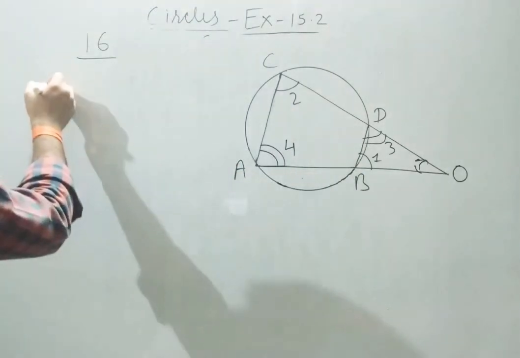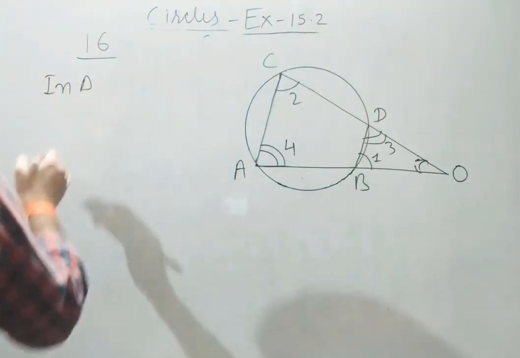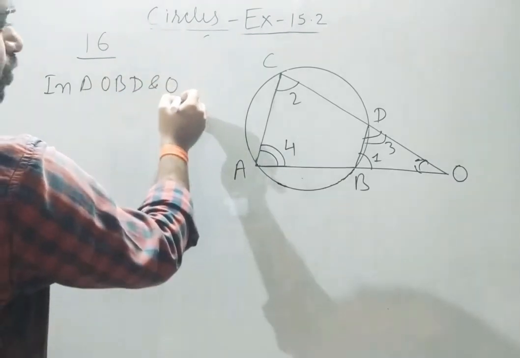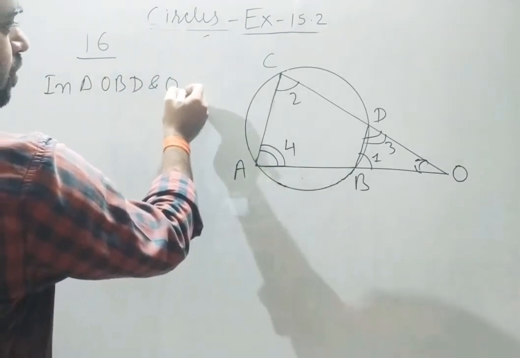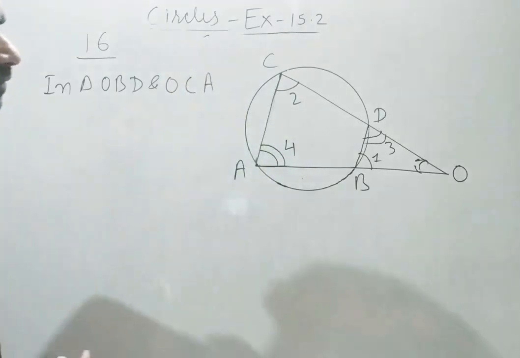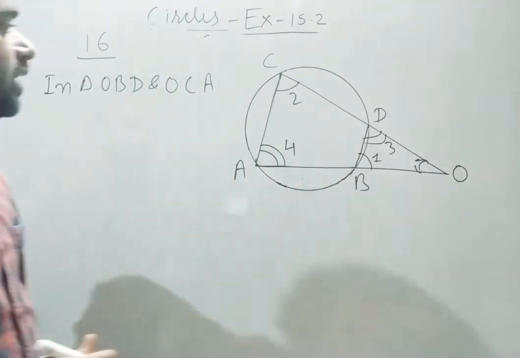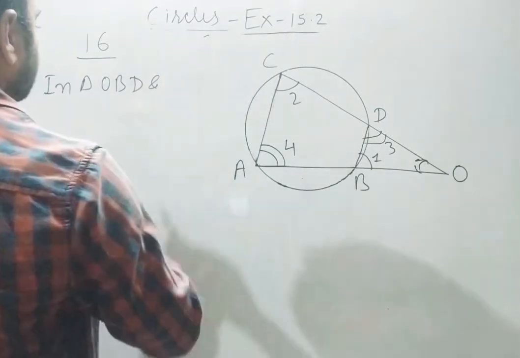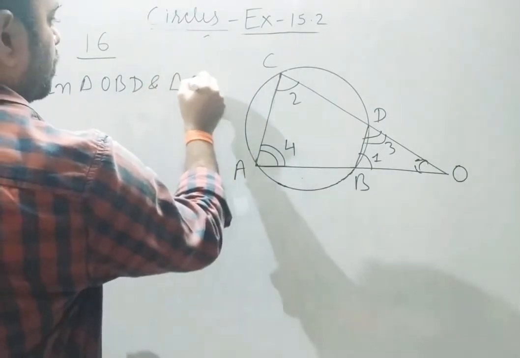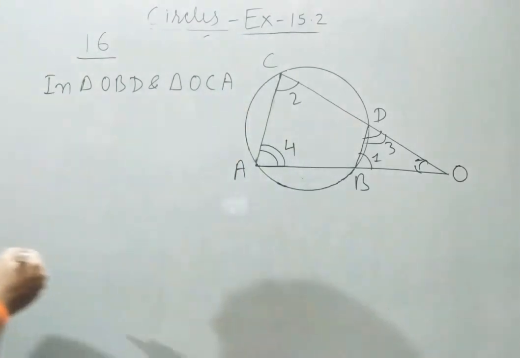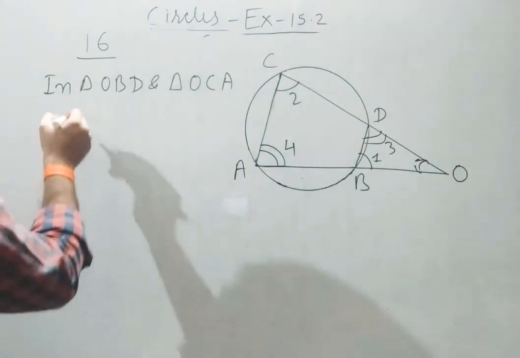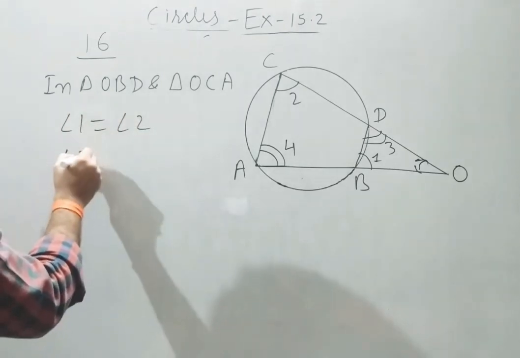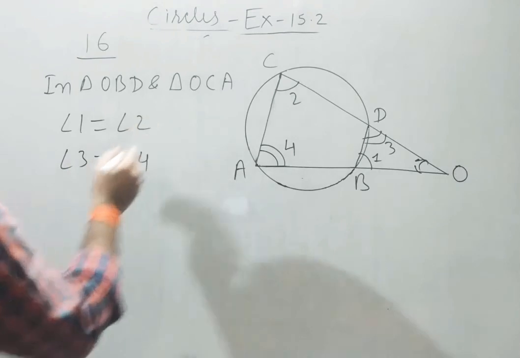Correct? So suppose this is 1, this is 2, this is 3, this is 4. Okay? So in triangle OBD, first you will write in any order, OBD and OCA. Smaller one OBD, bigger one OCA. So in both the triangles OBD and OCA, angle 1 is equal to angle 2, angle 3 is equal to angle 4, and the reason is what?